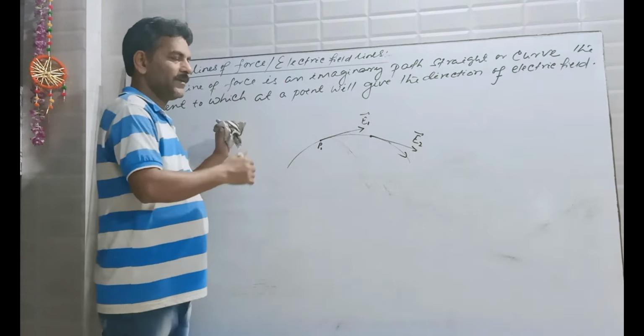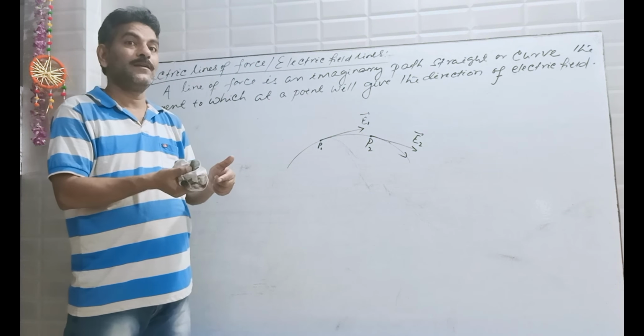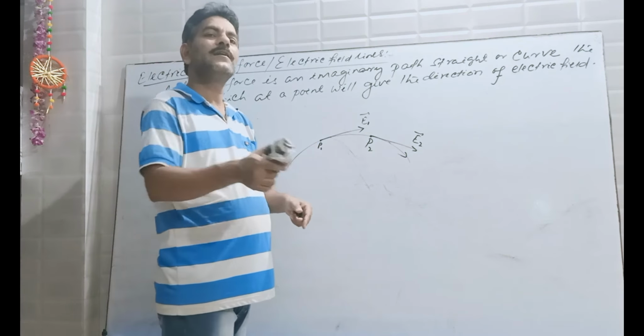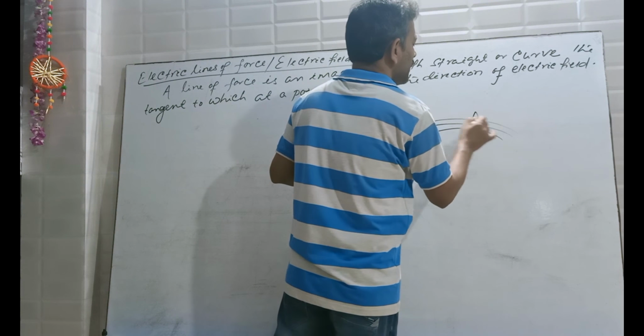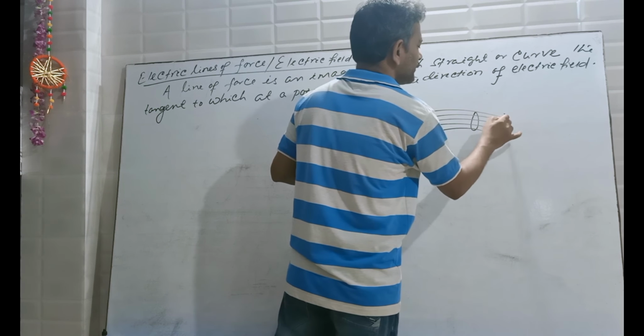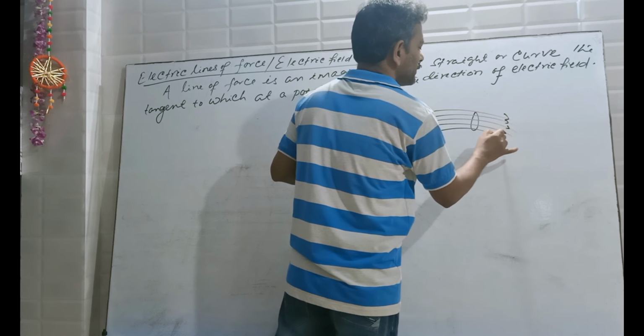If in a region there are more number of electric field lines, then we can say that electric field strength will be more in that region. So this is a region where there are more electric field lines in comparison to another region.